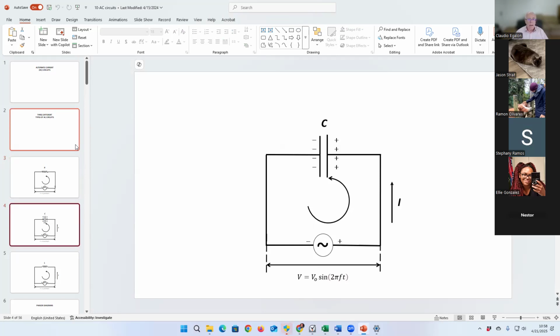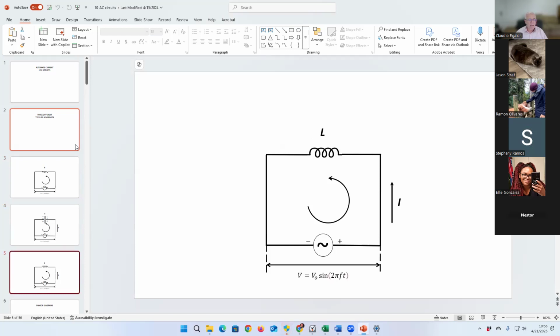Here is another type of AC circuit that you're going to see, a little bit more complicated. Instead of a resistor, you have a capacitor there. And a capacitor behaves differently in an AC circuit compared with a DC circuit. The third one, remember that? Capacitor, resistor, and then we have the other circuit that has an inductor.